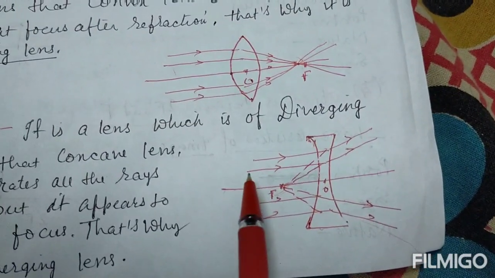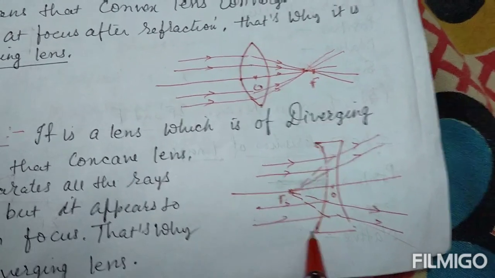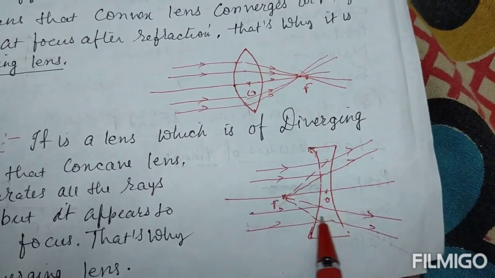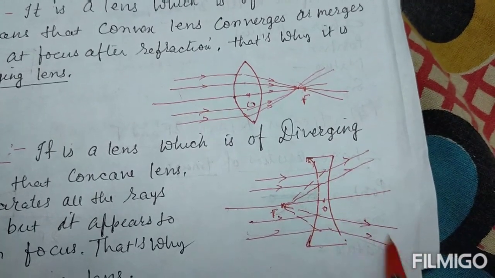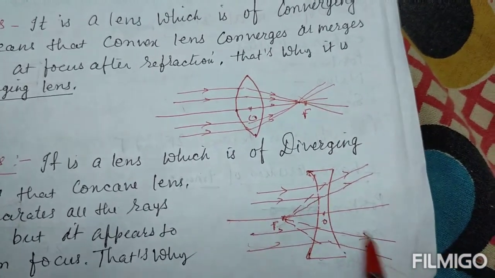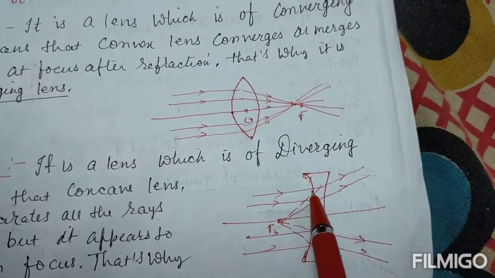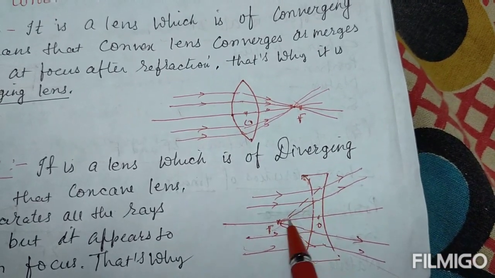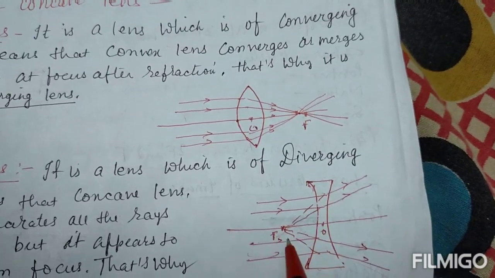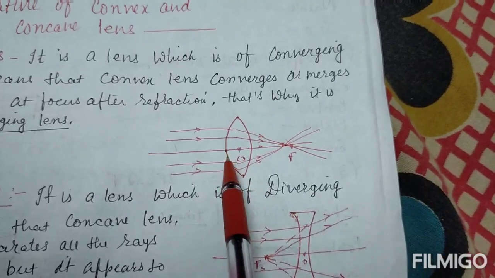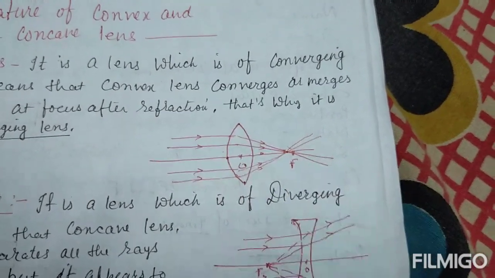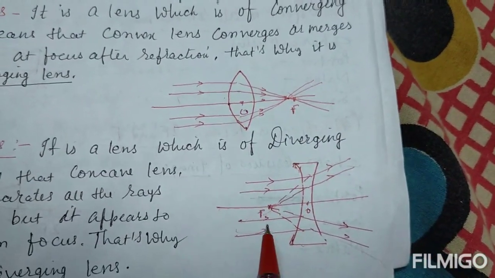See in this picture, rays coming parallel to the principal axis fall on the lens and are refracted, meaning these rays diverge, that is, separate from one another. But when we produce the rays backward, they appear to be coming from a point. That point is called the focus. So a convex lens is a converging lens and a concave lens is a diverging lens.